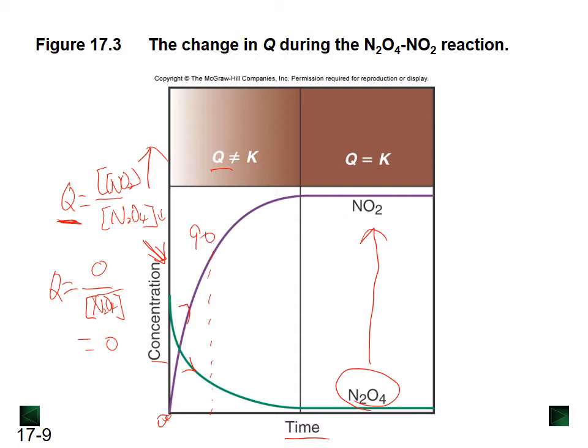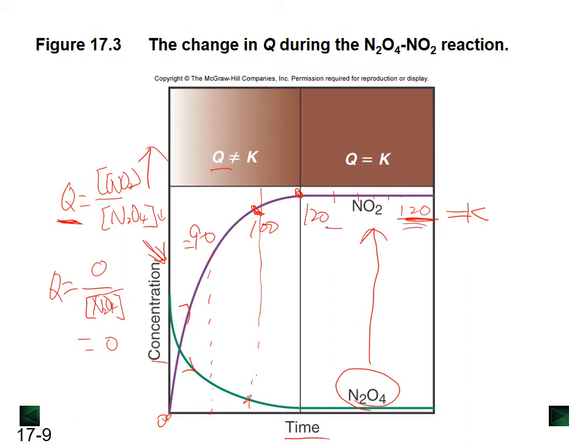Increasing time, product increases, reactant decreases, so 90 becomes 100. Eventually it becomes, let's say, 120. Then with time, you can see it doesn't change anymore. Q remains 120, and that's the equilibrium constant. In other words, the reaction reaches equilibrium, and the reaction quotient equals K, which is 120.